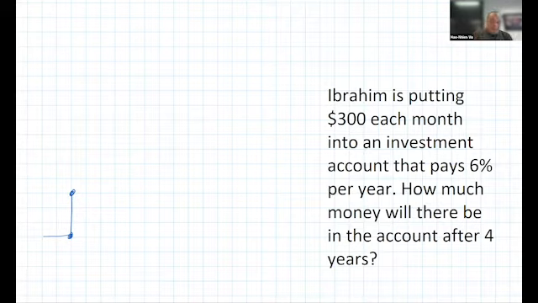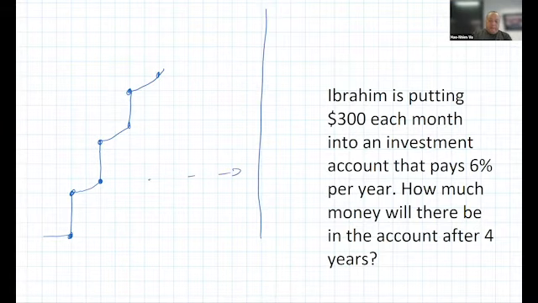There's some interest, and at the end of the month, Ibrahim puts in another $300. Interest, payment. So at the end of the 4 years, Ibrahim has a bunch of money in the account. The question is, how much is this? So this time period here is 4 years.